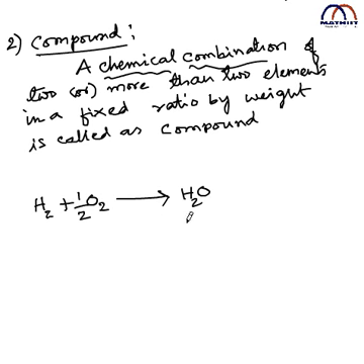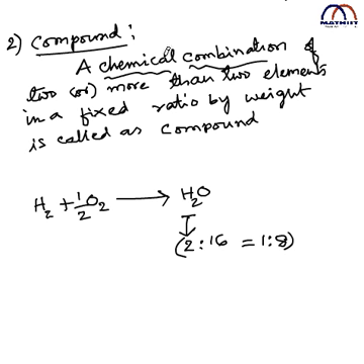It is not different. Suppose you take 2 grams of hydrogen and 16 grams of oxygen. This is equal to a 1:8 ratio. In every water molecule, the ratio between hydrogen and oxygen is fixed, that is 1:8. This is what is called a fixed ratio by weight.